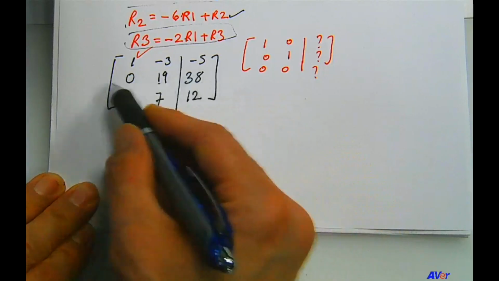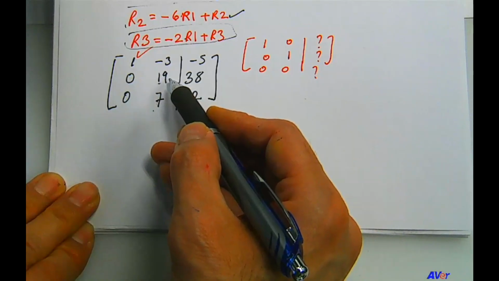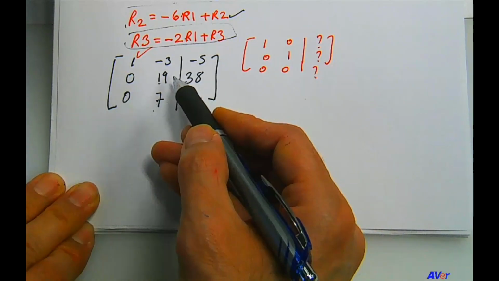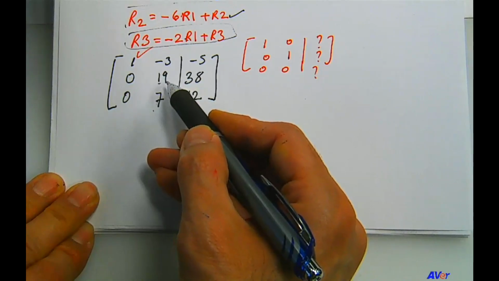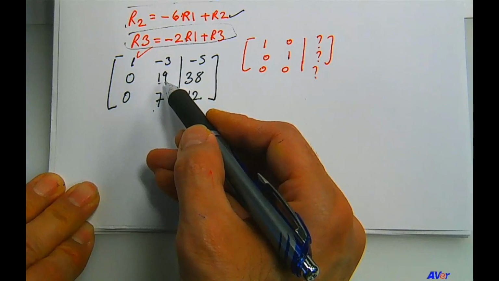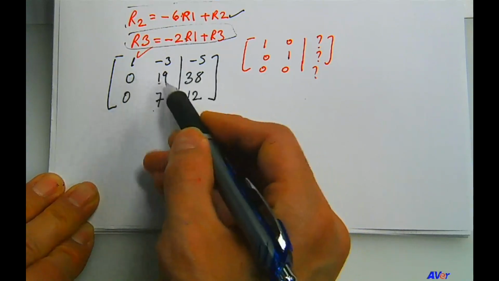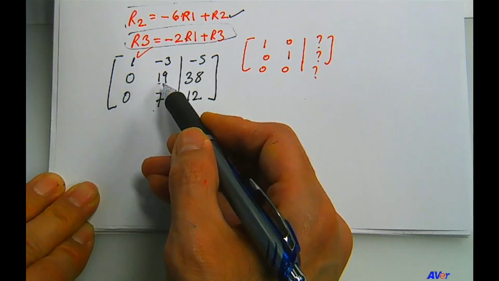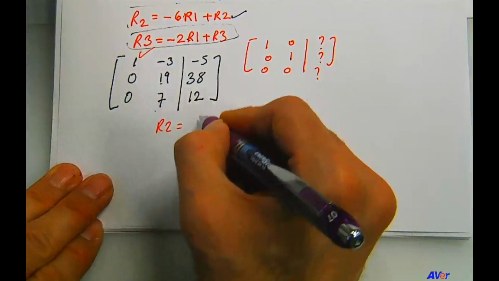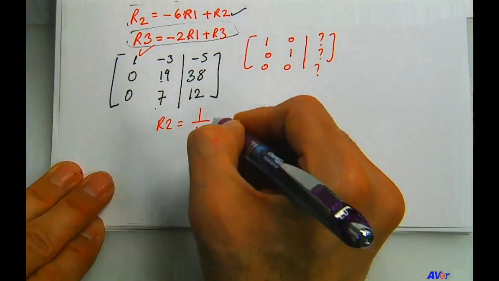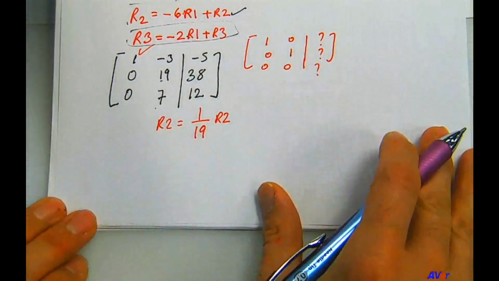Well, when you obtain the diagonal ones, always multiply the row by a number that would get you the 1 in the spot where you're looking for that. So in this case, we need to multiply the second row by 1 over 19, right? So let's do that. So row 2 is equal to 1 over 19 times row 2.